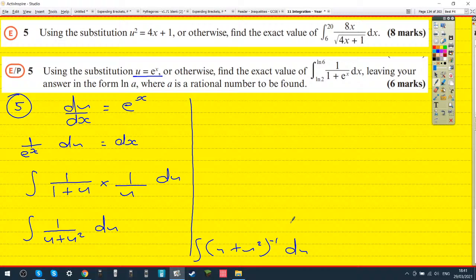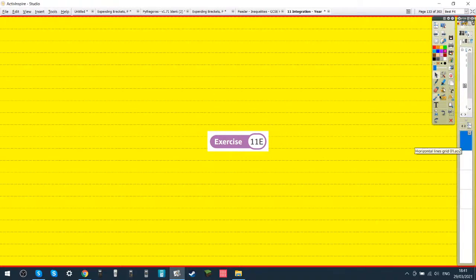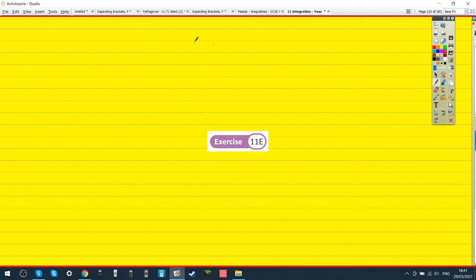Any idea what happens when you integrate something like this with a denominator? Does it become squared? What is the integral of 1 over x with respect to x?